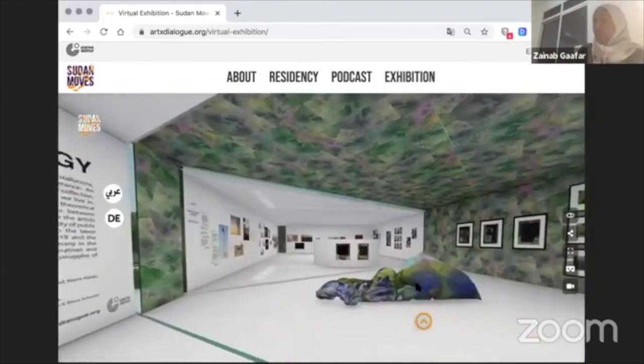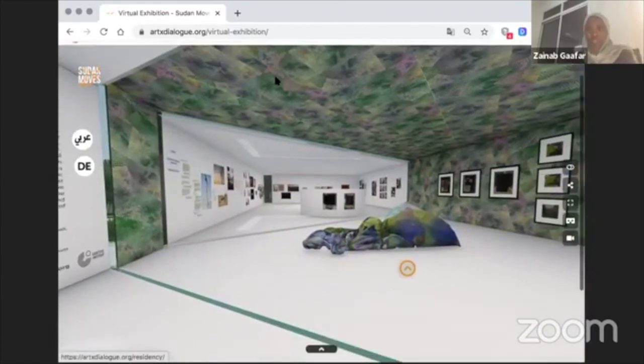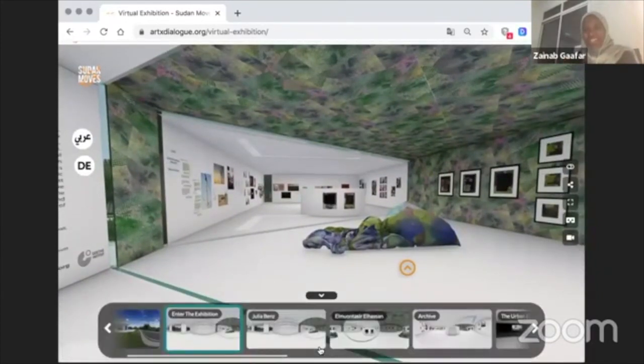If you go to the exhibition, you would find all of the artists' great work.